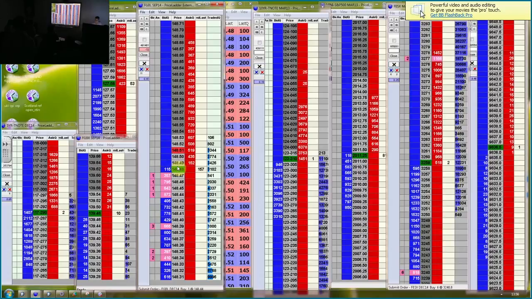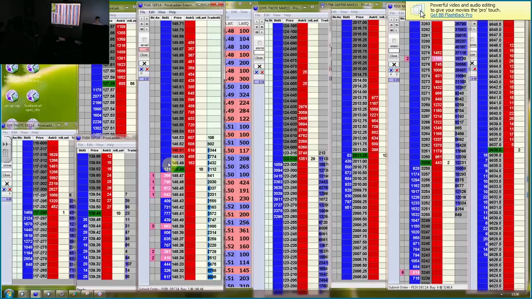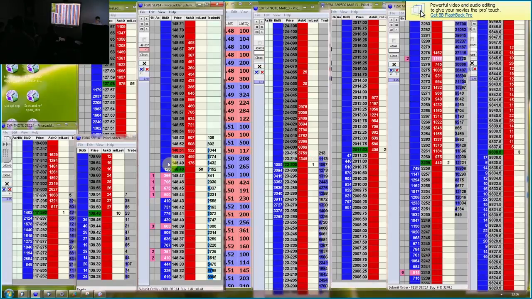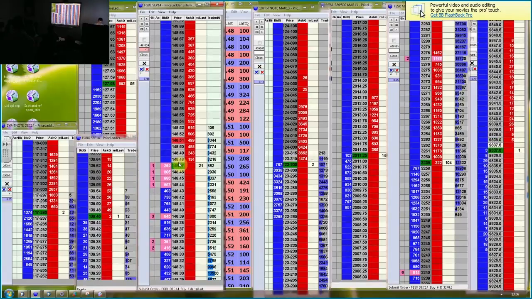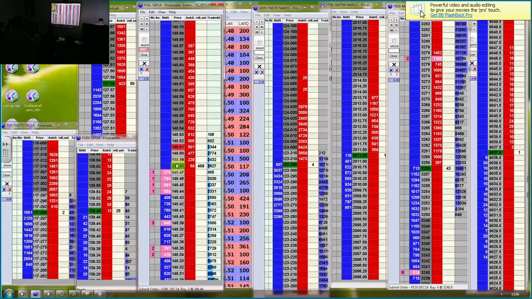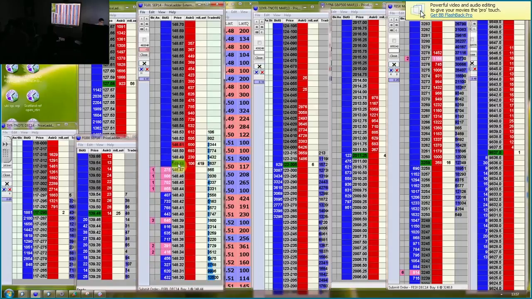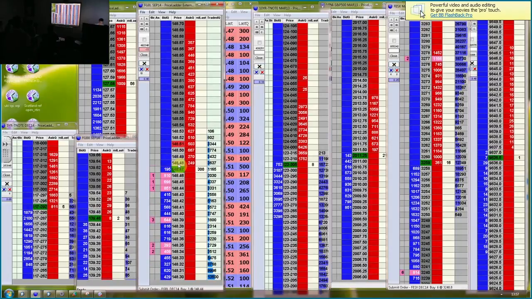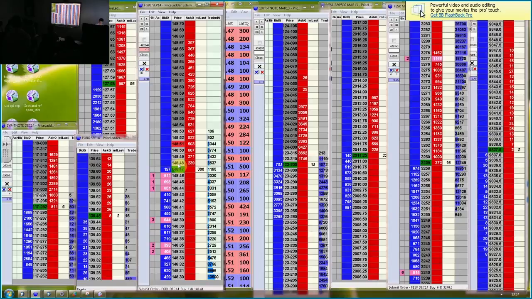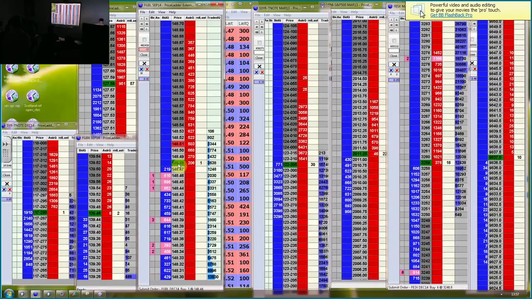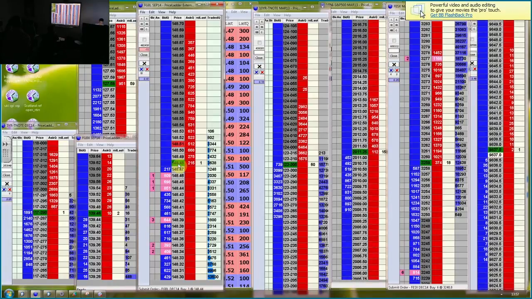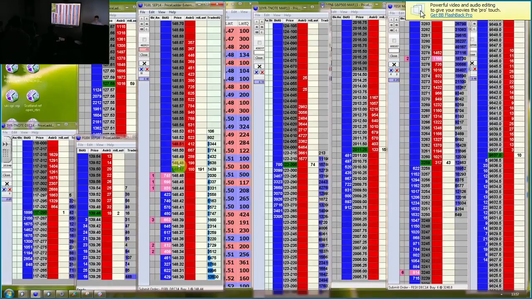What are we seeing at 49s and 50s? You guys still watching? Yes. So again, what's happened to the offer now?